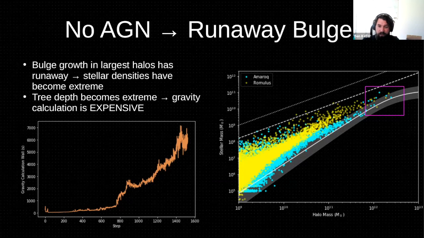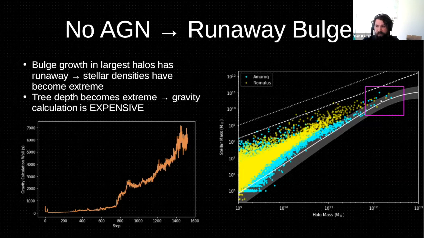We wanted to have a volume with thousands of galaxies with supernova alone, and a volume with thousands of galaxies with supernova and AGN. We know already from MUGS 2 that the more massive galaxies are going to have runaway bulges. They're going to produce too many stars unless you include an AGN model.